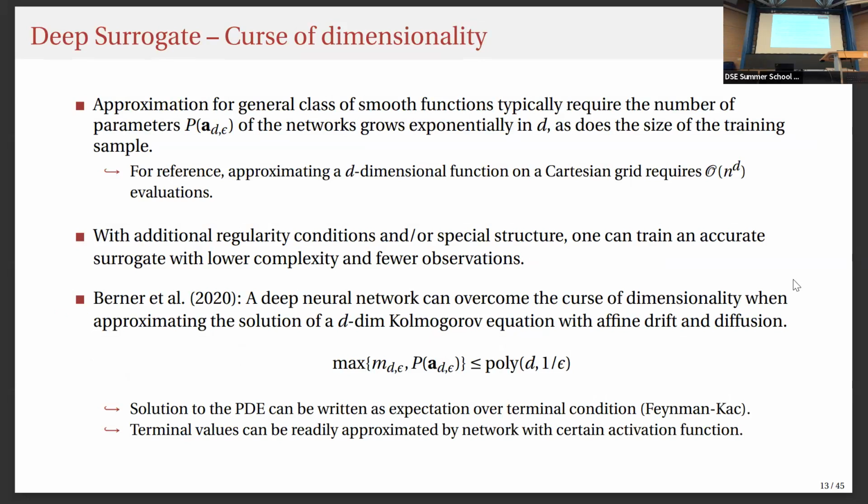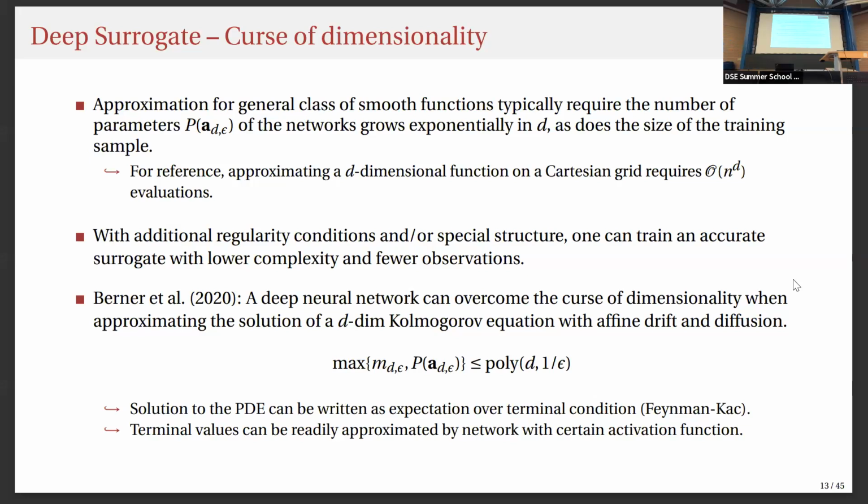And perhaps going hand in hand with this first point is the number of observations or training samples you need to generate to be able to deliver that kind of approximation accuracy. Because like we just talked about earlier, you can generate these training samples with some hard work, but they're not free. So if the demand for training samples is outrageous, this becomes not so much of a good proposition anymore. Okay.